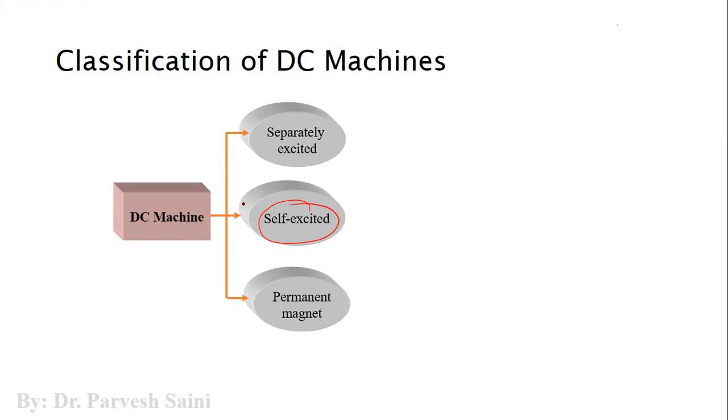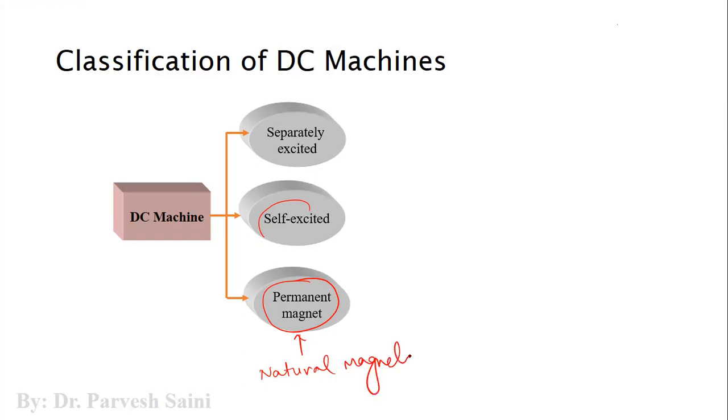A field system is that part of DC machine which is responsible for the generation of magnetic flux or magnetic field. Then we have the third category, which is a permanent magnet DC machine. In this, we make use of natural magnets to have the magnetic flux.